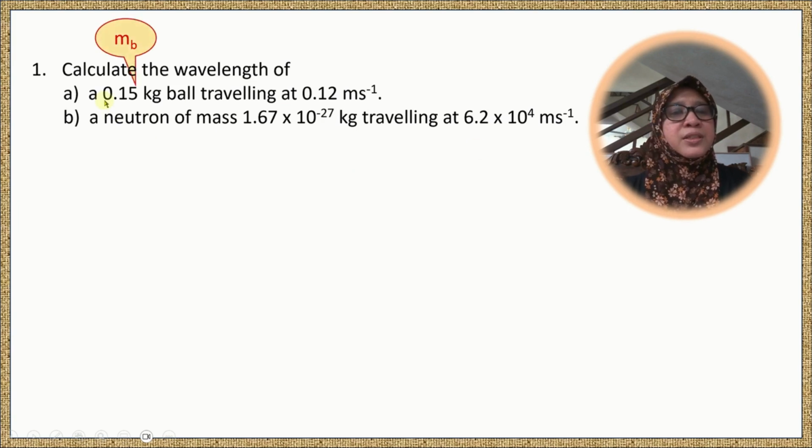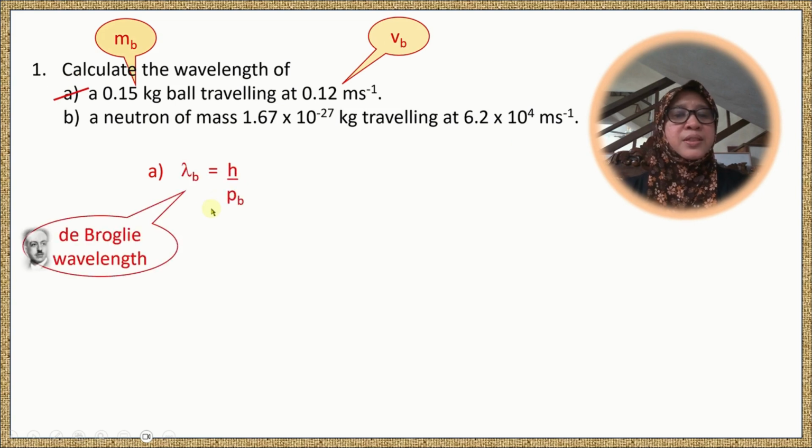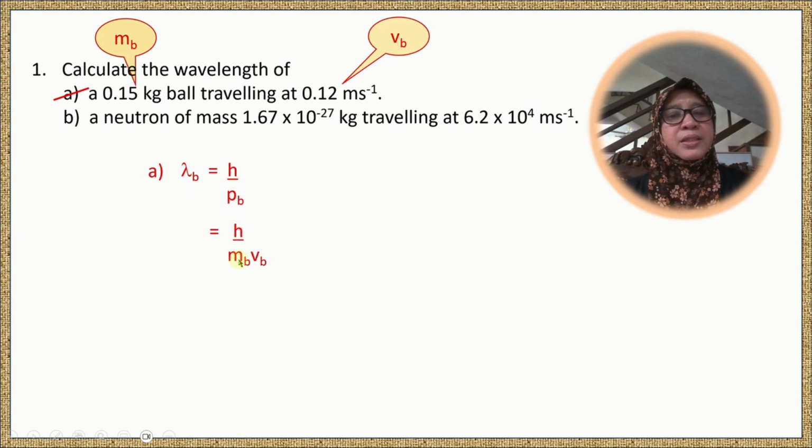For the first question, you are given the mass and velocity of the ball. So the formula we are going to use is the de Broglie wavelength, which is lambda equals h over p, where h is the Planck constant and p is the momentum. Momentum is mass times velocity.